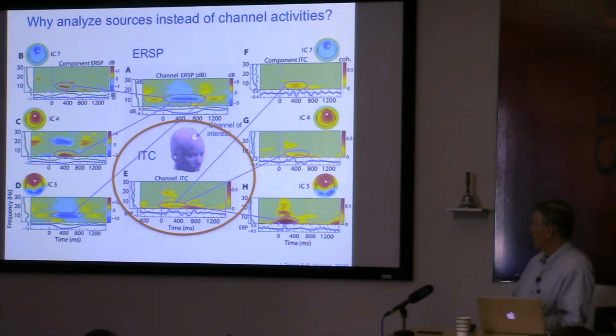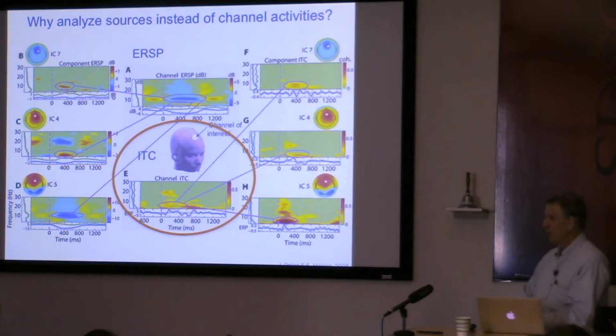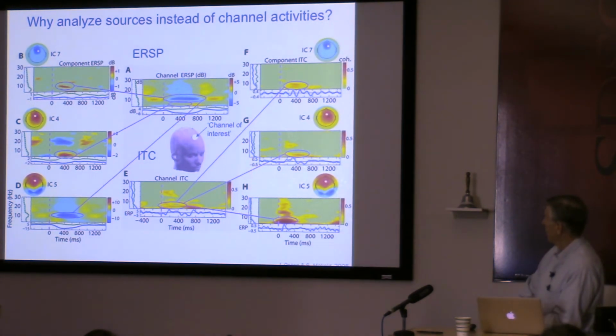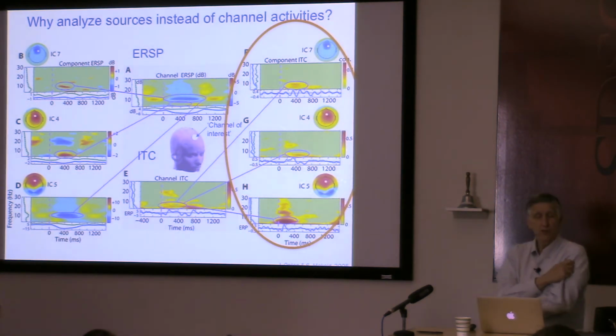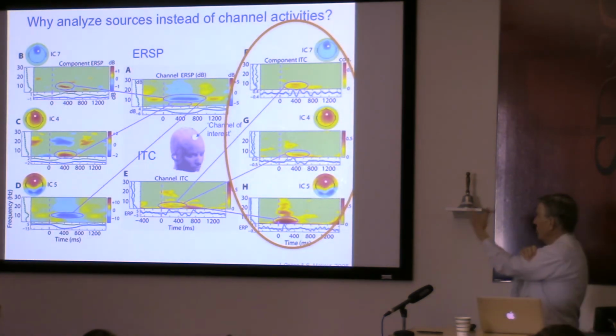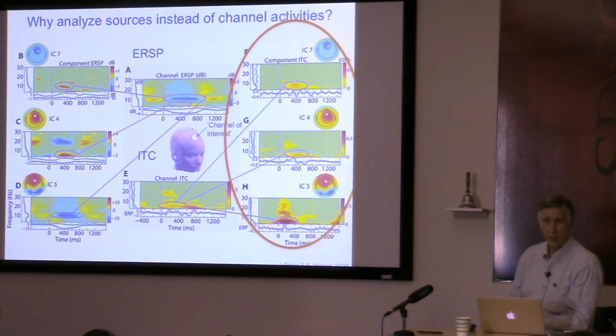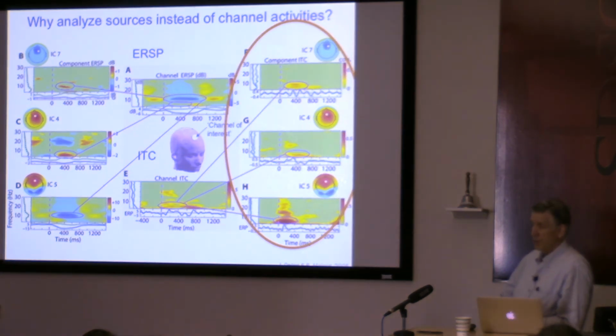Okay, so here's the intertrial coherence, the phase regularity trial to trial that you see at the channel, and here are the phase regularities that you see at the major contributing sources. And you can learn a lot more about what's going on in the brain by splitting up the data into these sources.